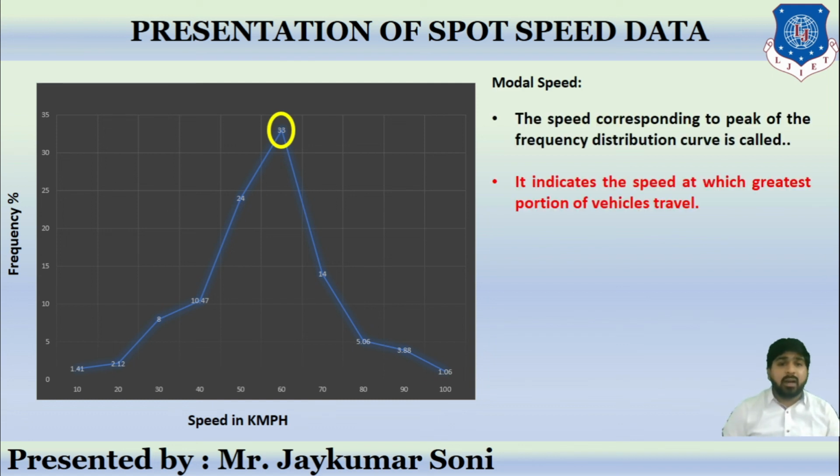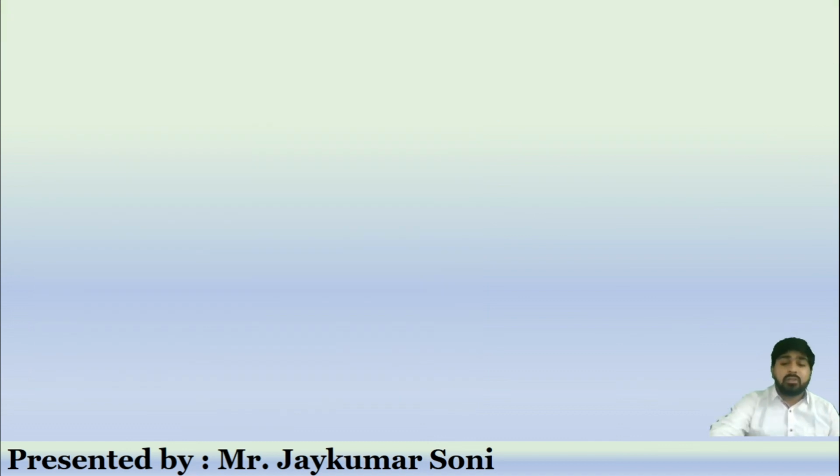Modal speed is that speed corresponding to the peak, the peak of the frequency distribution curve. It indicates the speed at which the greatest portion of vehicles travel. Means out of all the vehicles, the majority will travel at this speed. So that is called the modal speed. So that was about the representation of spot speed data.